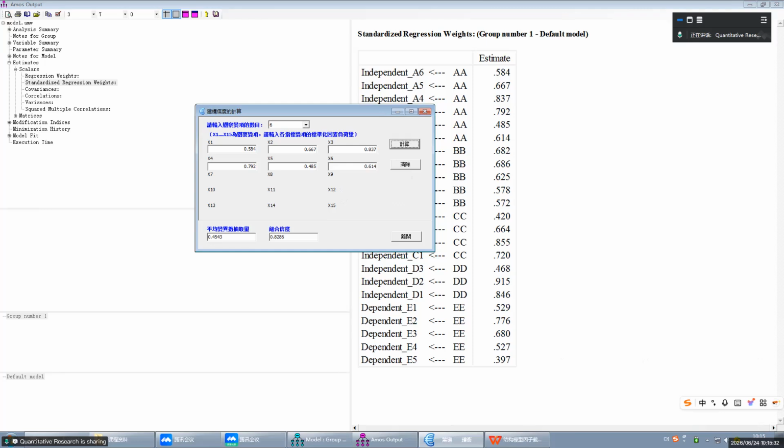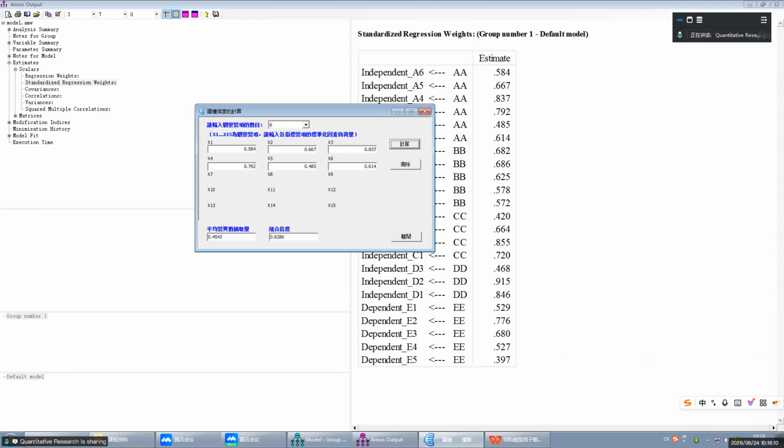This is for average variance extracted, AVE. So for this variable A, its CR is 0.8. For AVE, it's 0.45. Okay. Now we know.